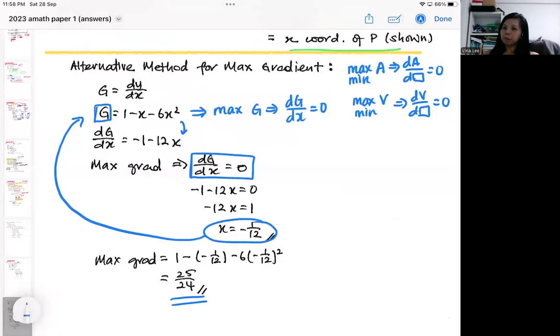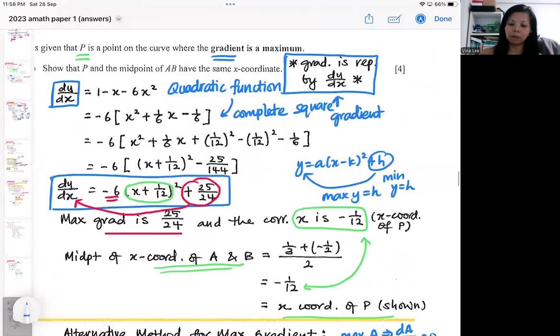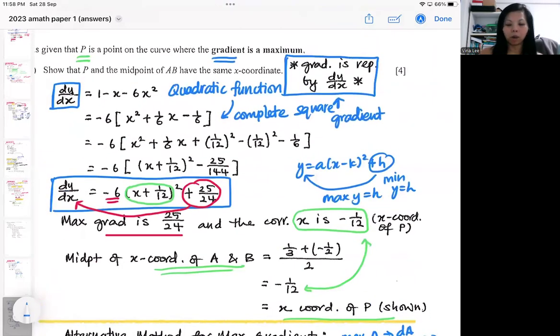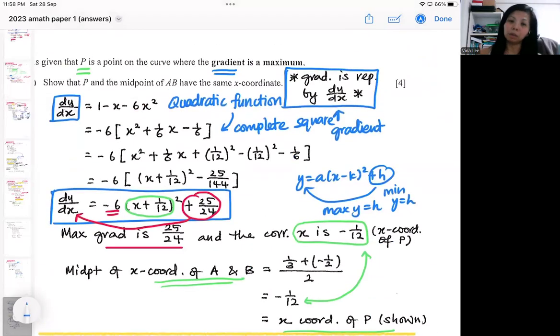So I repeat, there are two methods. The second method can be applied to all different dy/dx functions. However, the complete square method can only be applied when your dy/dx is a quadratic function. So you must know the limitation.